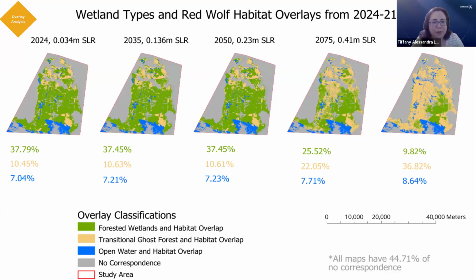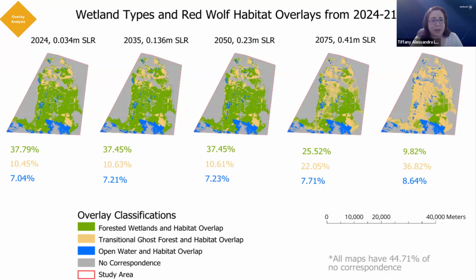However, once you go from 2050 to 2075, the amount of transitional ghost forest overlap jumped 11.44% and another 14.77% by 2100. So by the end of the century, it starts making more and more drastic changes, to correspond with the accelerated sea level rise.